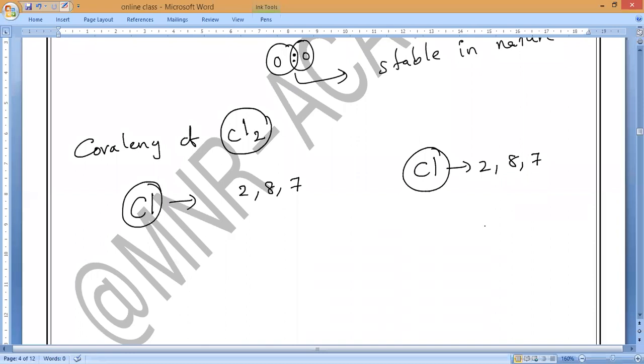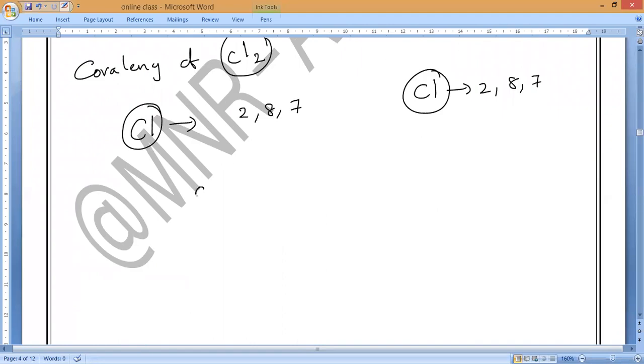They need one electron each, so they form a chlorine molecule and share one electron each. Chlorine has 7 electrons in its outermost shell, so it can share one electron with one electron of another atom to achieve 8 electrons in an inert gas arrangement. Since each chlorine atom shares one electron, the covalency of chlorine is 1. Understand everyone?